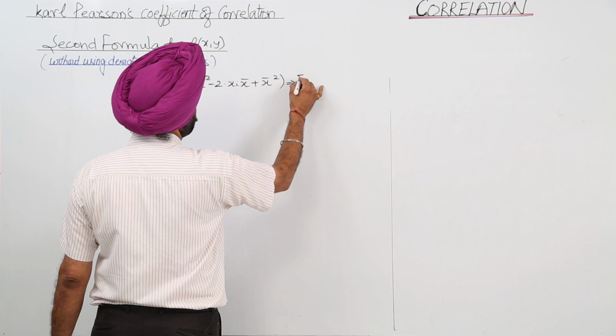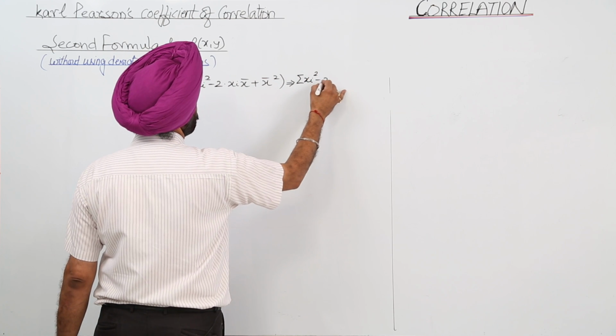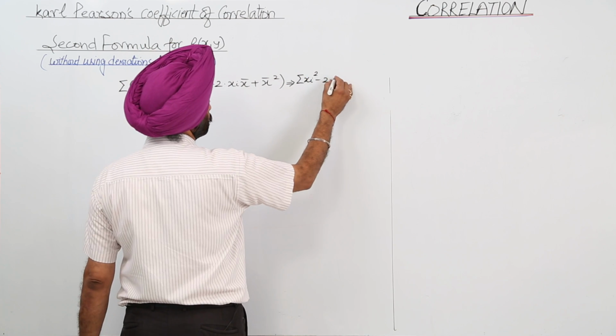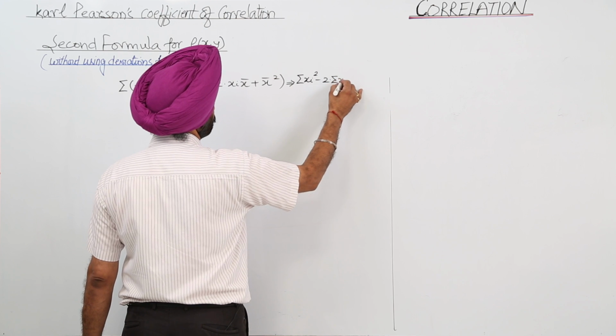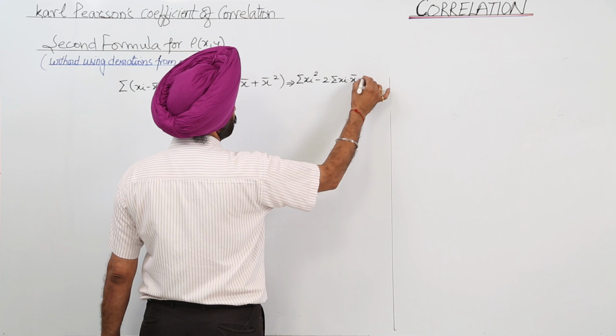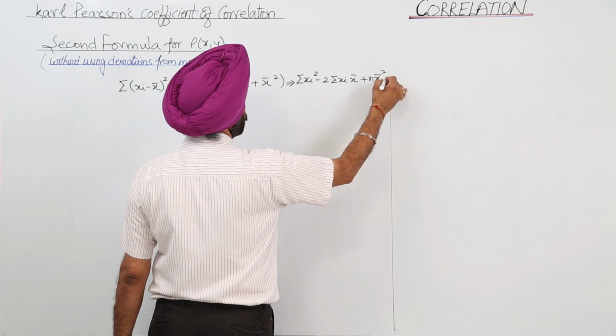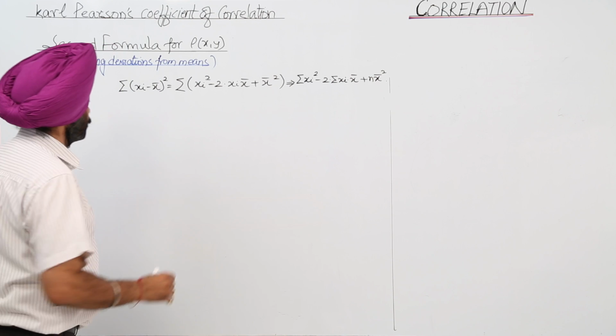Now this becomes summation xi square minus twice x mean with summation xi plus n times x mean whole square. Here we have just expanded it.